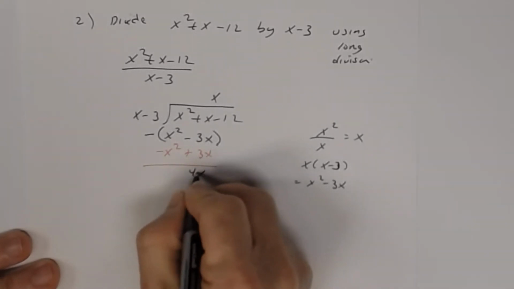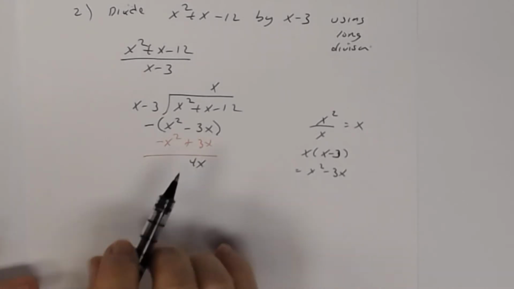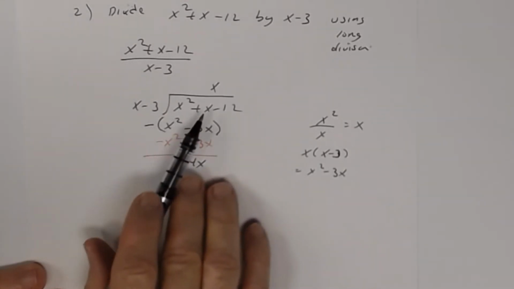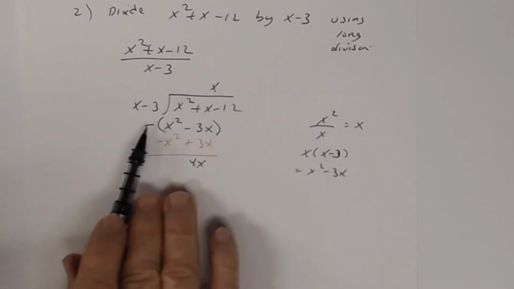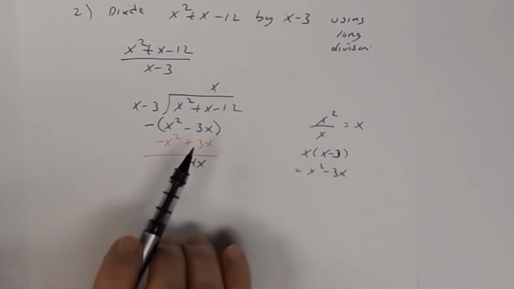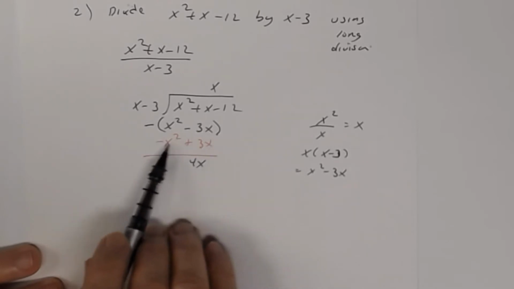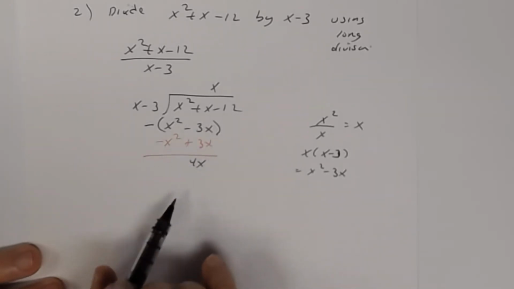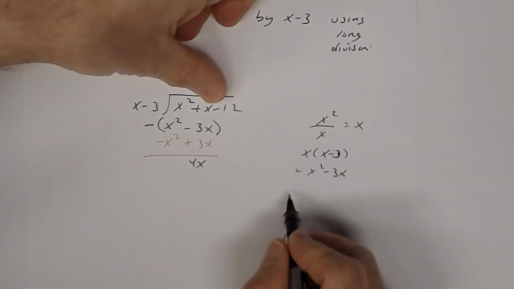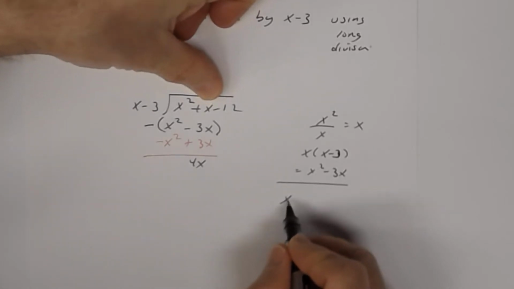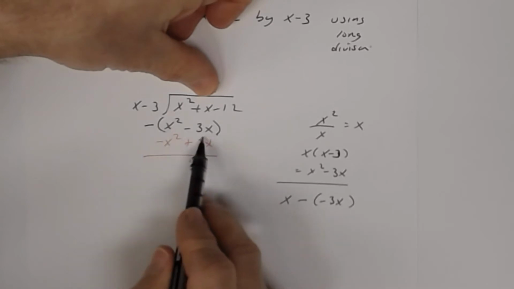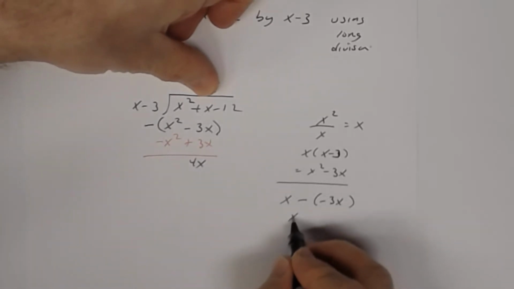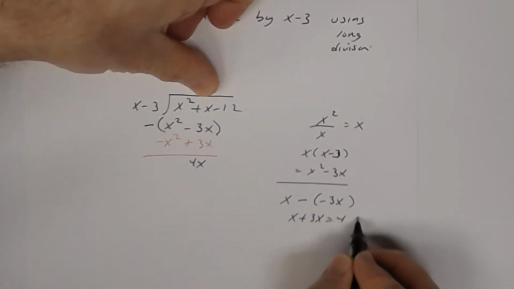Okay? So if you're having trouble mentally saying x subtract a negative 3x, then just rewrite it right here. And then you just add like terms. So remember, this is what you're saying: x subtract a negative 3x, which becomes x plus 3x, which is 4x.